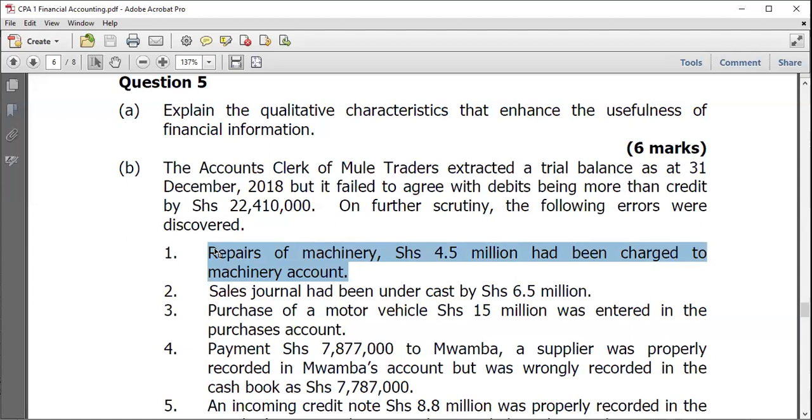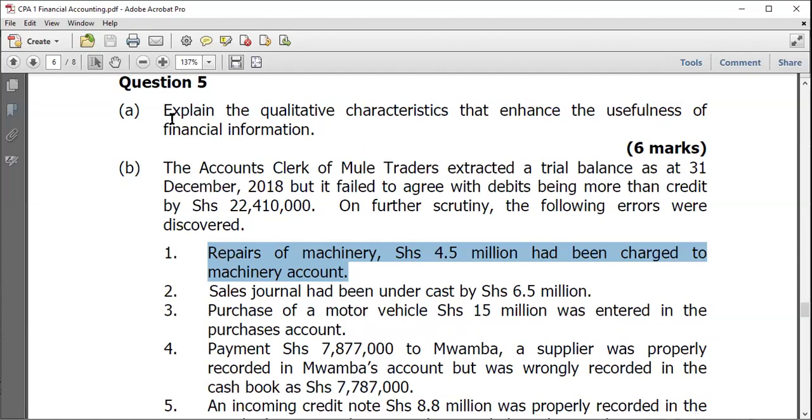Remember what we said with error of principle? It is an interchange between the asset account and the expense account. It's just basically you've done the right posting on, let's say, the debit side, but you've interchanged the accounts. You've posted it in the wrong account. You get it?